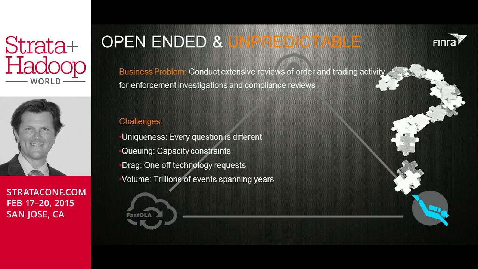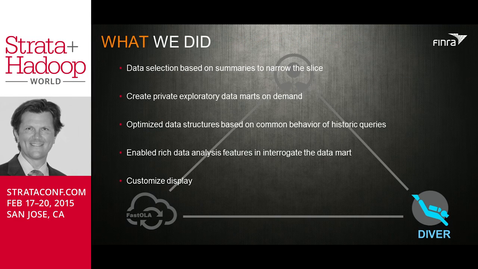And again, the volume of this data, because now we are spanning multiple years' worth of data. So what we did on this particular side is some really basic summarization on the data. There were at least a couple of attributes, an issue symbol like Microsoft, Apple, Google, or a firm, Merrill Lynch, Bank of America.